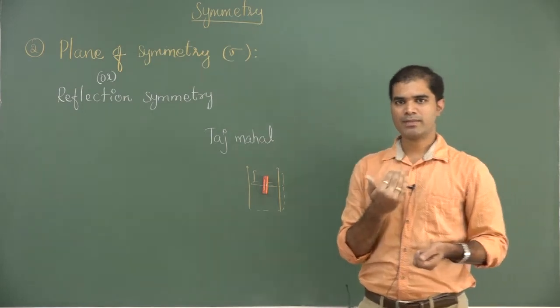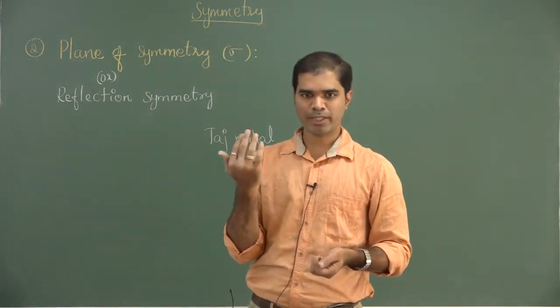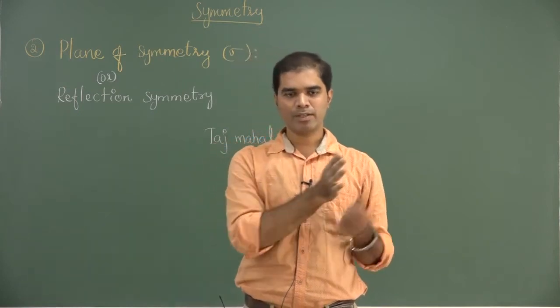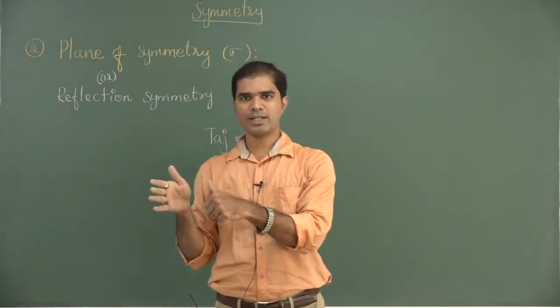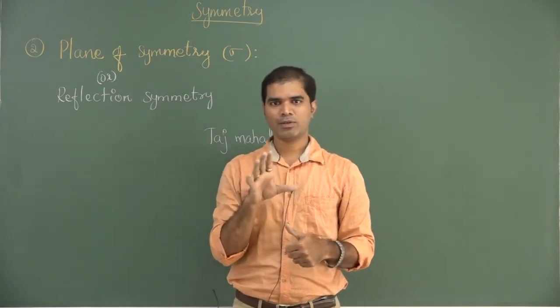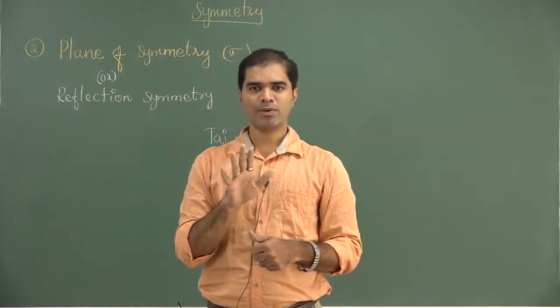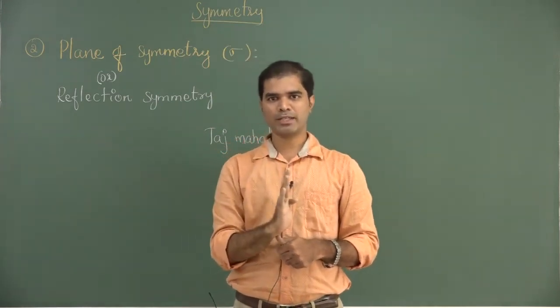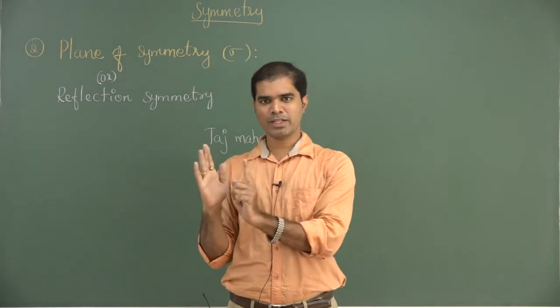As we look at ourselves, you can watch, one half will be the reflection of the other half. If you are passing an imaginary plane through me, one half will be the reflection of the other half. But internally it is different. Anatomically you need not pass it. Only for our illustration purpose we say, if we can pass an imaginary plane through my image, one half will be like a reflection of the other half.